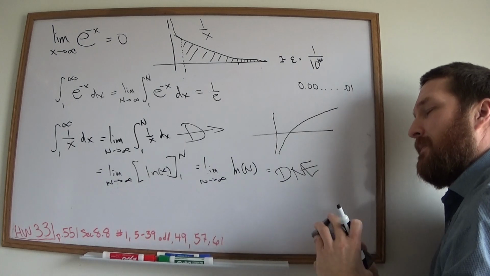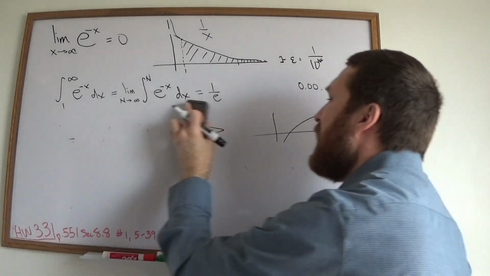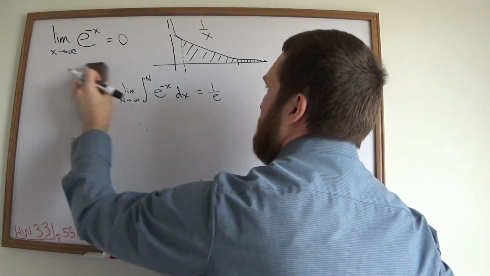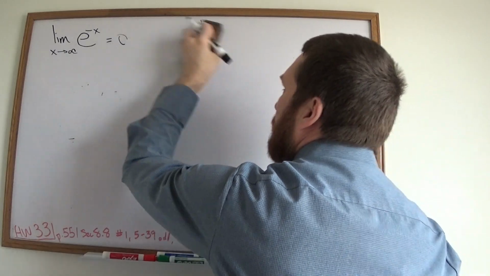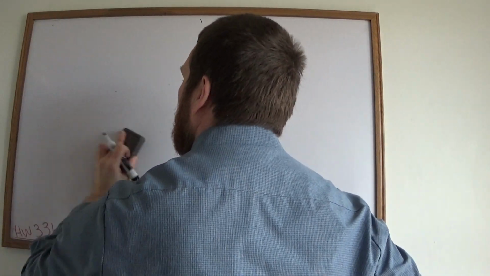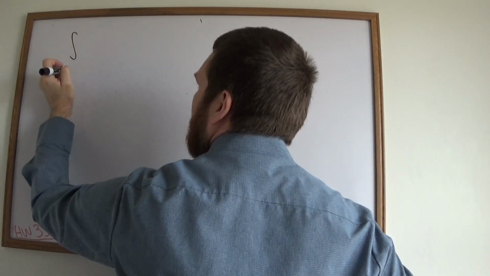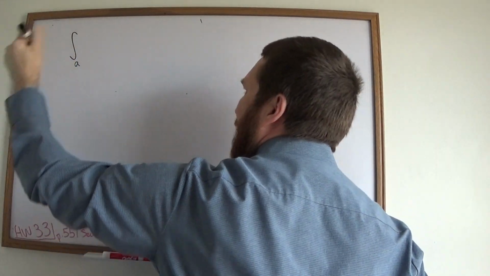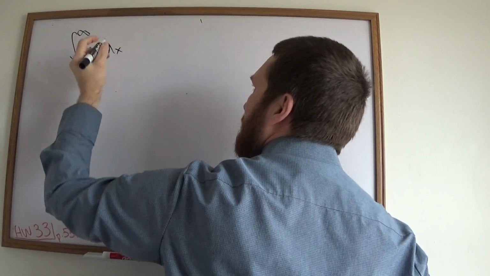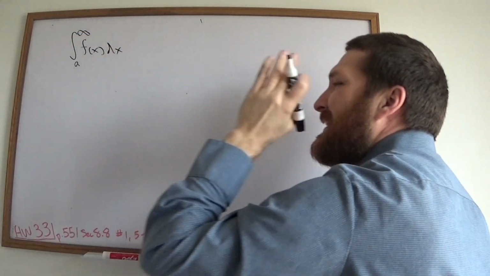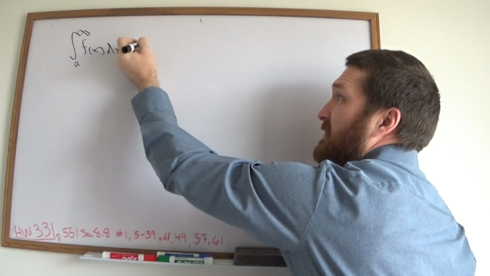And so this is interesting now. Let's think about this. Let's say you have the integral from some number, we'll just call it a, up to infinity of some function of x dx.